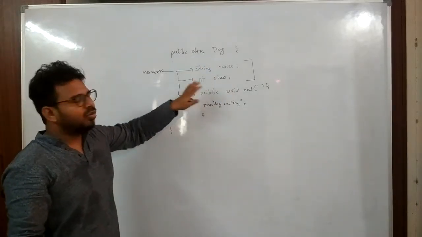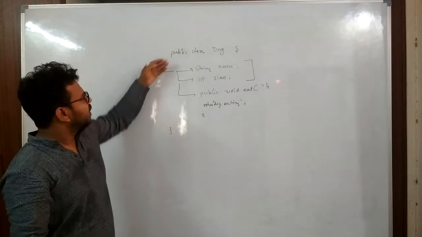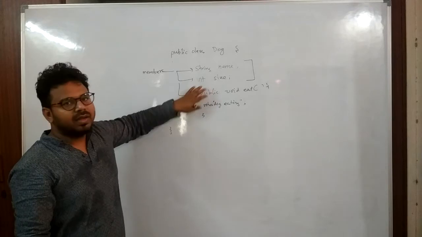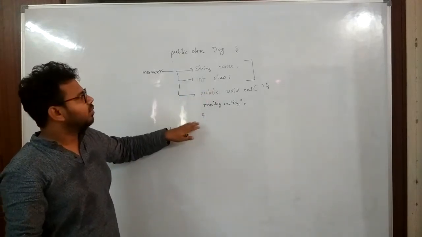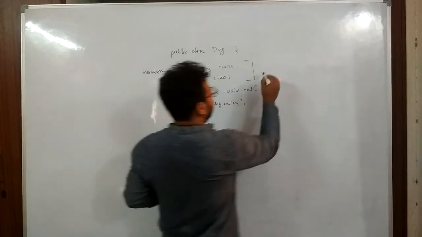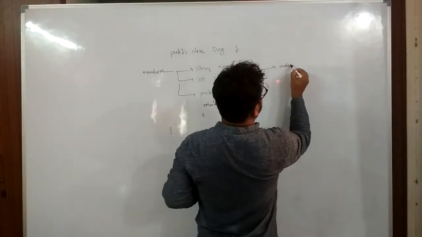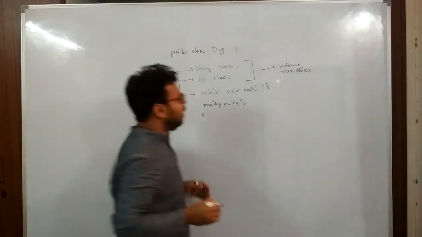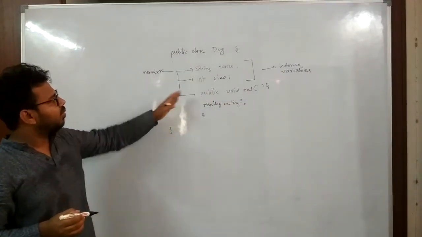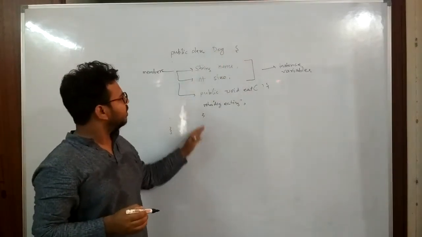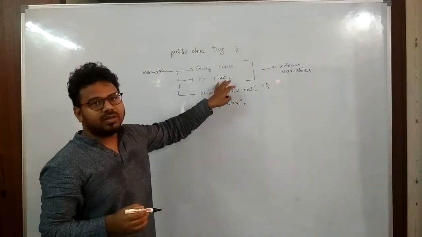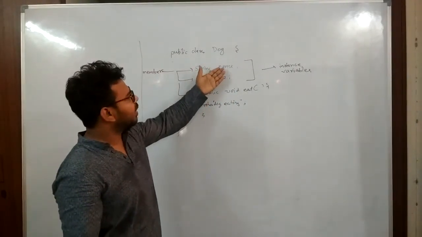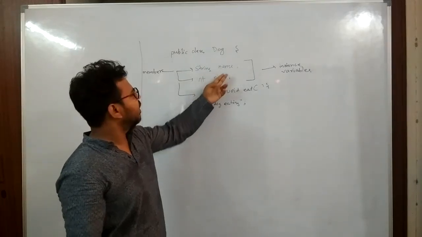In a class, those variables which are inside a class and outside of a method are called instance variables. I think it is clear that all the variables inside a class and outside any method are called instance variables. What do you think about the value currently held in these two variables, name and size?